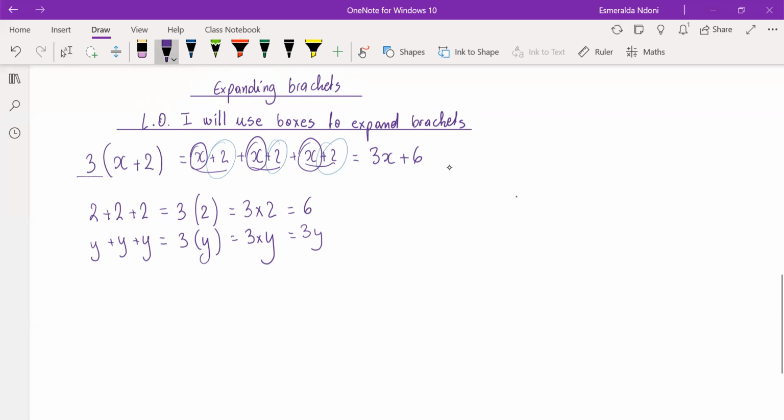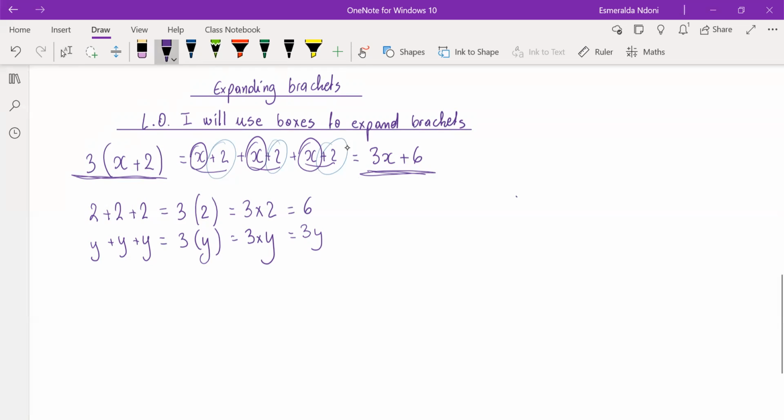I have expanded this bracket. But the way that I did it is really long. So we're going to have to find a way to do it quite concisely, so that we don't have to rewrite the question.